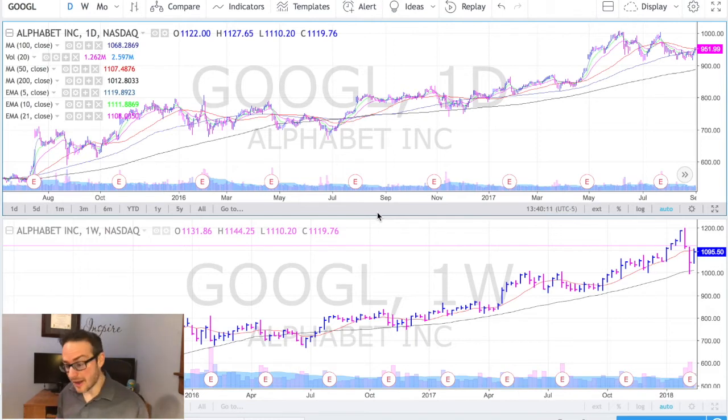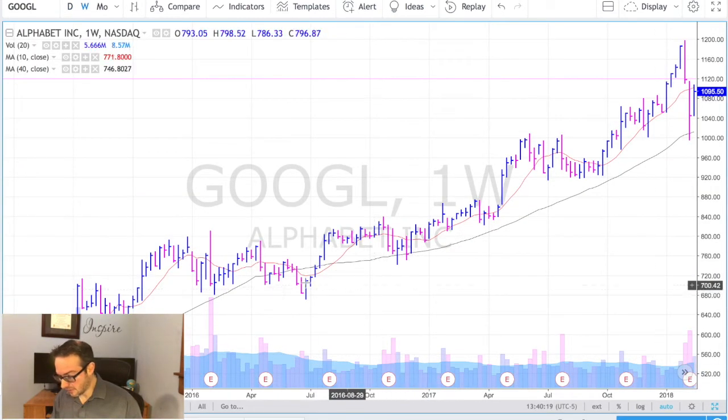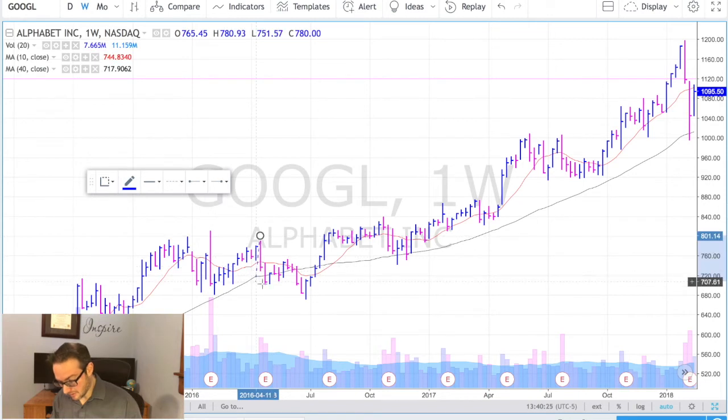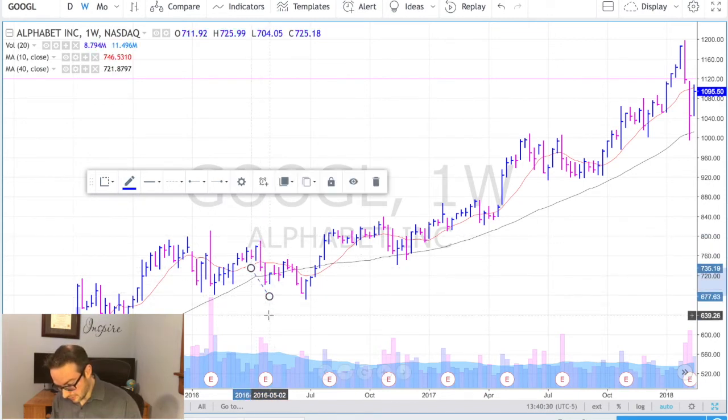Okay, now here's what I'm seeing. Let's take a look at the weekly chart first, and let's make this a little bit bigger. First thing that I'm seeing as a double bottom is this over here, right? So let's make this a little clearer.